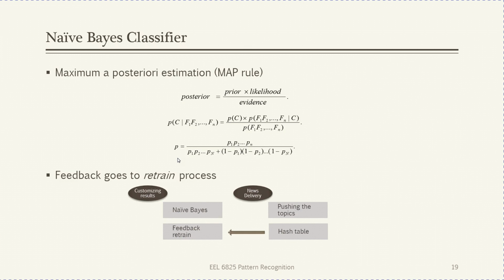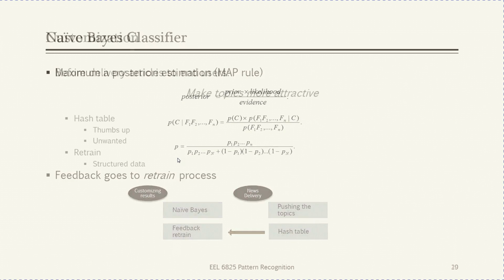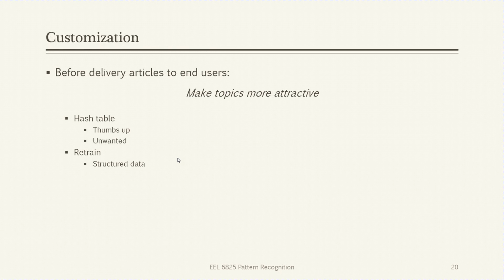Like what we saw at the beginning of the presentation, the customization part is the last step before delivering articles to end users. This step can actually make the topics more attractive in association with the last one.